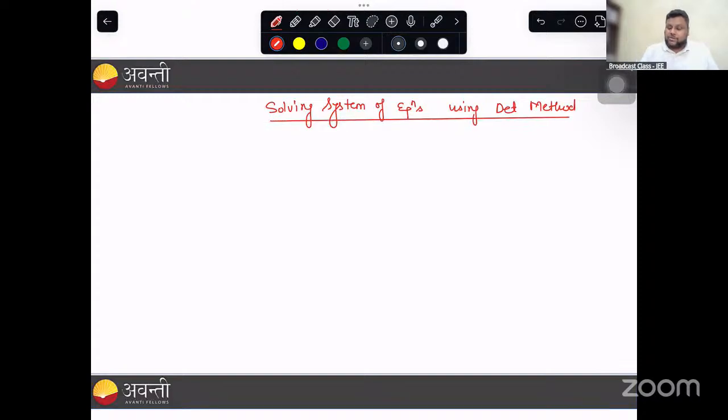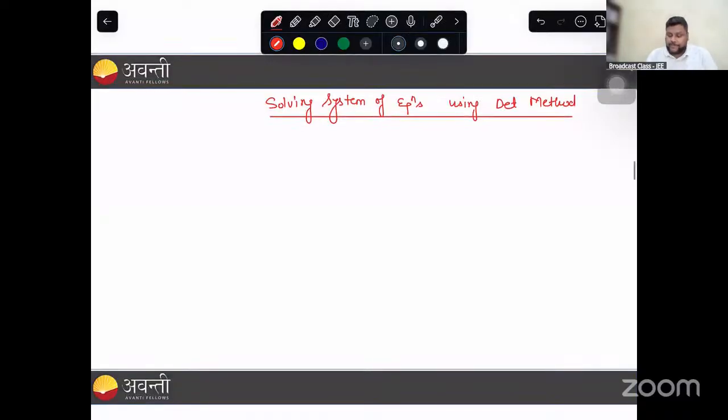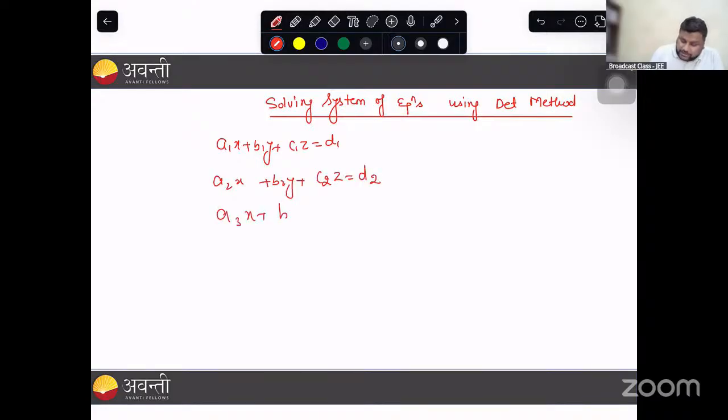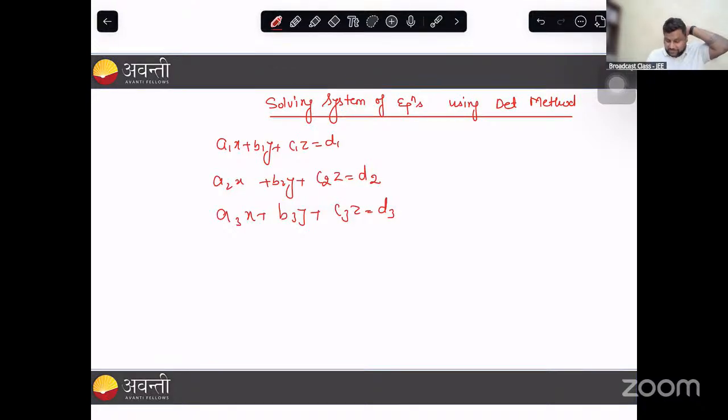Now see, this method is not there in the school syllabus, but we are doing it just because it is there in the JEE curriculum. Now say they're asking to solve a1x plus b1y plus c1z equals d1, a2x plus b2y plus c2z equals d2, and a3x plus b3y plus c3z equals d3.